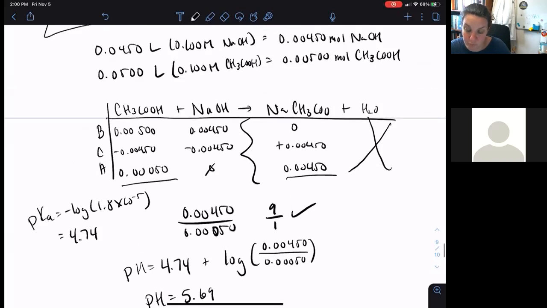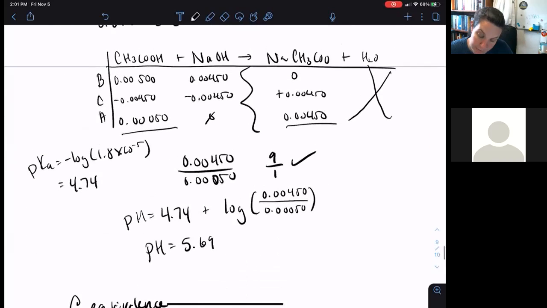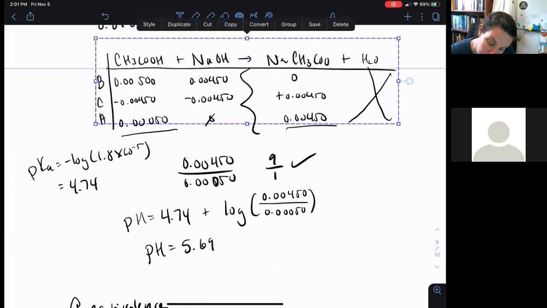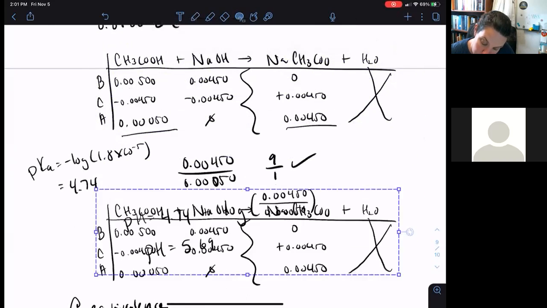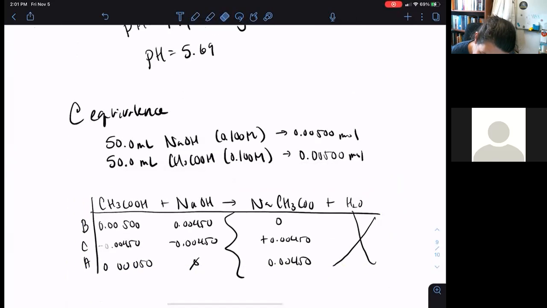And if we were to run through a BCA table, so I'll just write it real quick. So running through this BCA table, we're putting these mole amounts in.